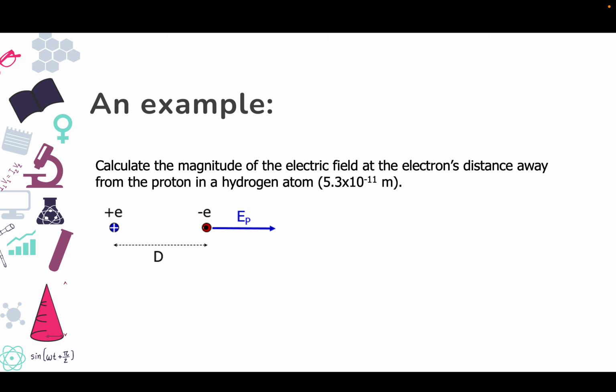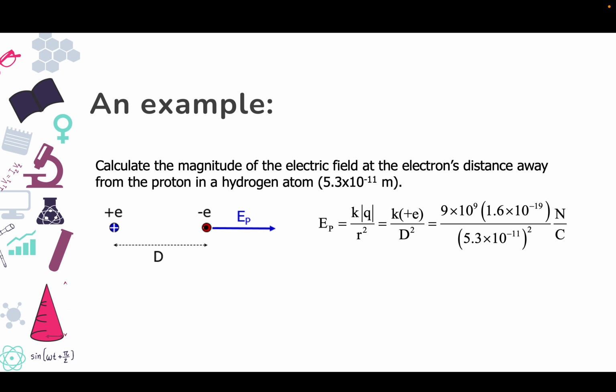Okay. As an example, calculate the magnitude of the electric field at the electron's distance away from the proton in a hydrogen atom, which is 5.3 times 10 to the negative 11 meters. So if we have two charges, that's kq, so that's 9 times 10 to the 9 for k, and we're talking about electrons, okay, it's 1.6 times 10 to the negative 19.